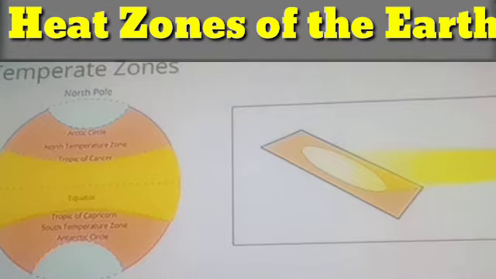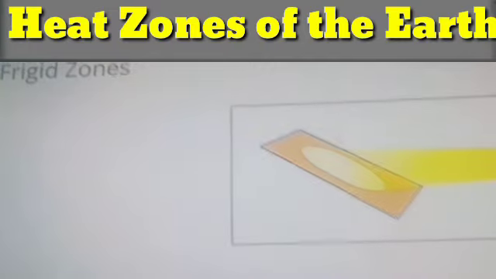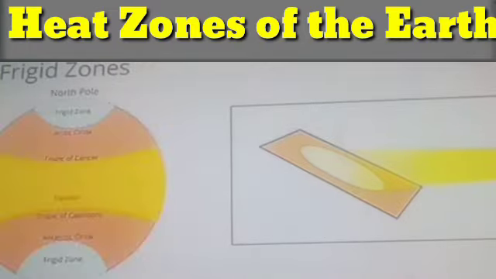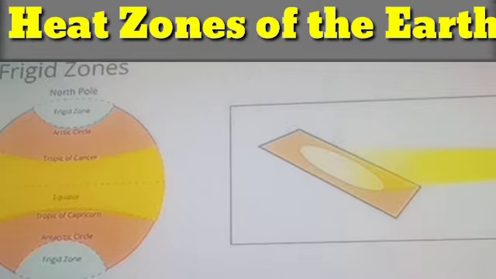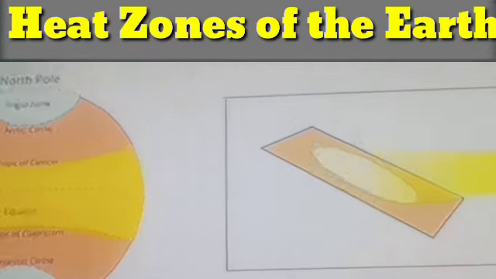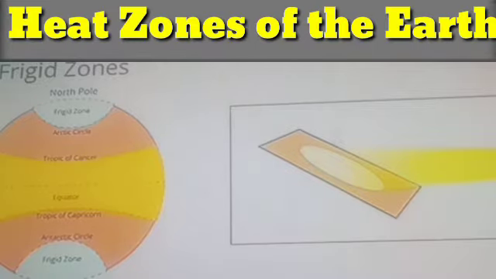The third zone is the frigid zones. These zones are very cold. The areas lying between the Arctic Circle and the North Pole in the northern hemisphere and the Antarctic Circle and the South Pole in the southern hemisphere are very cold.